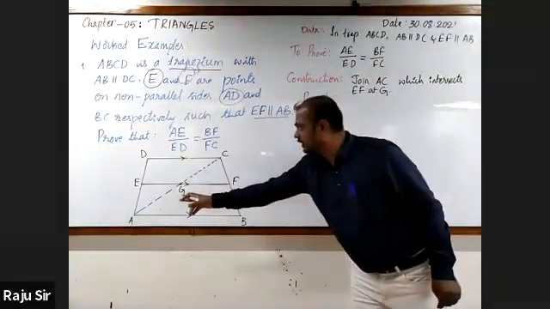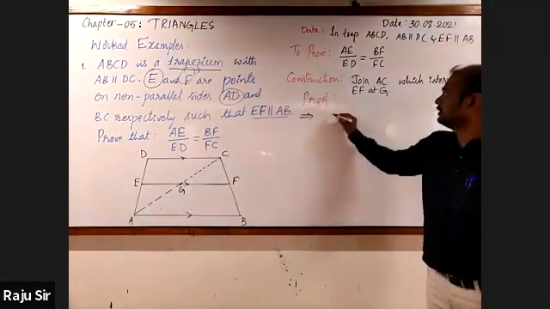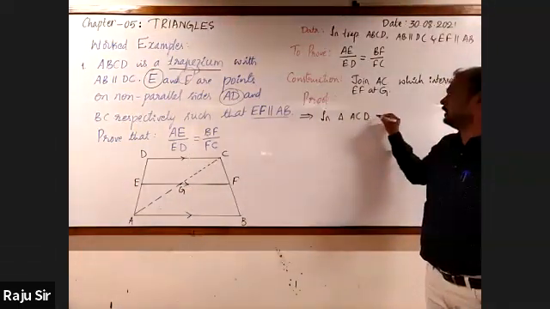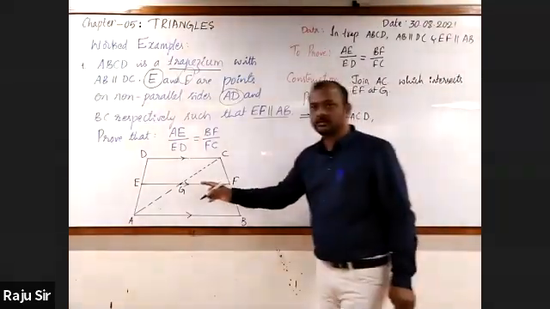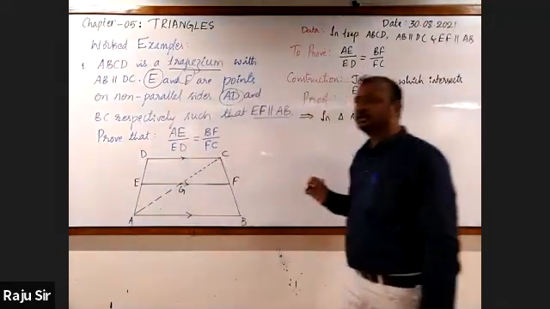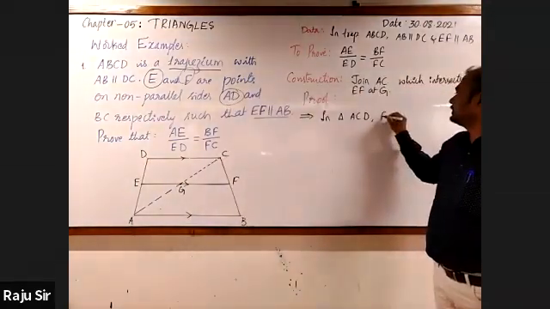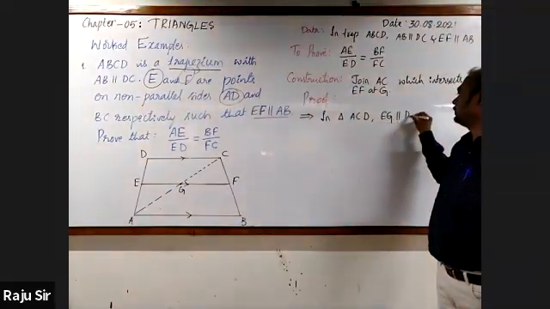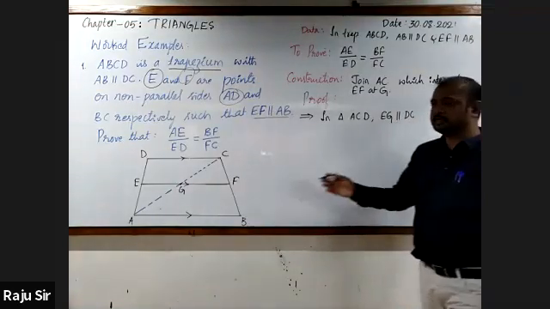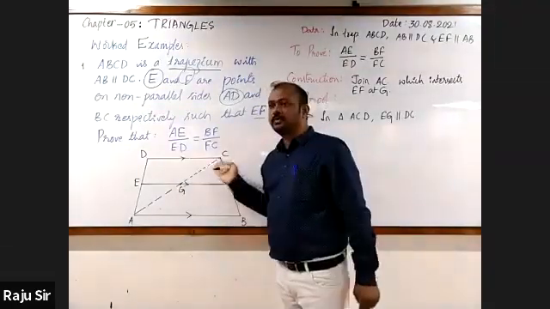Let us take the triangle. In triangle ACD, EG parallel to DC. The reason is AB parallel to DC.